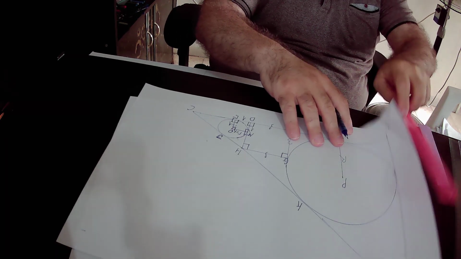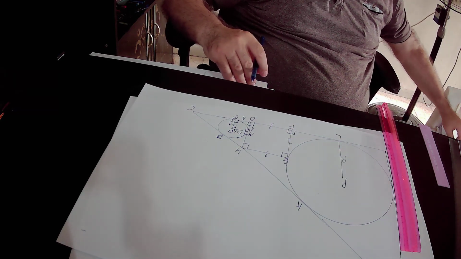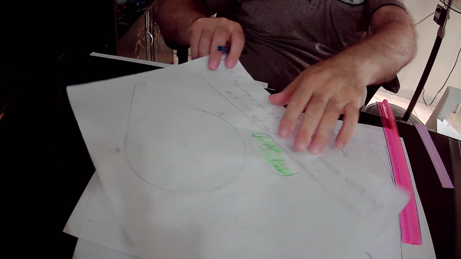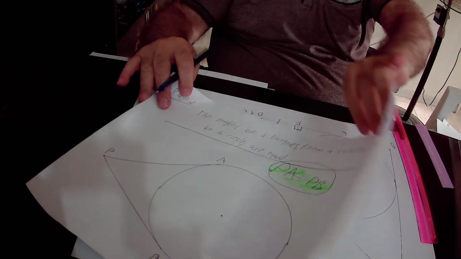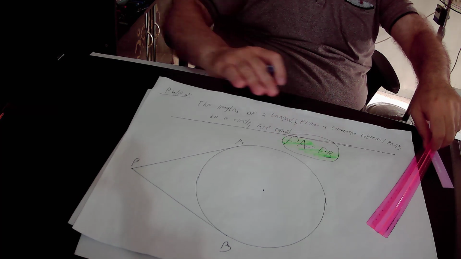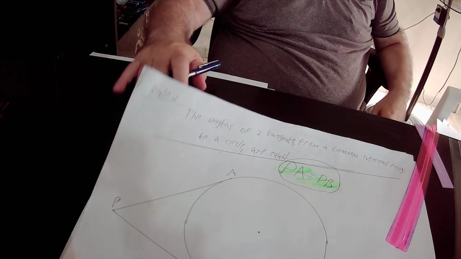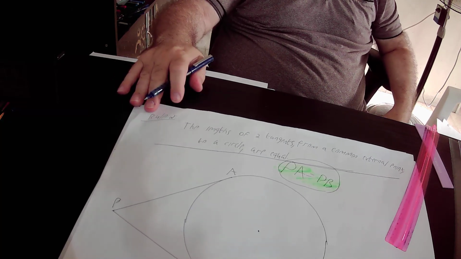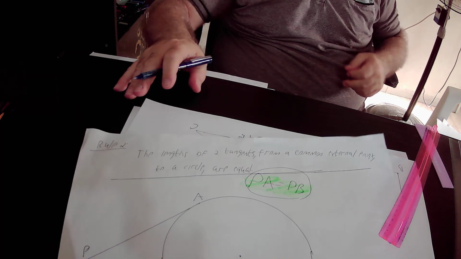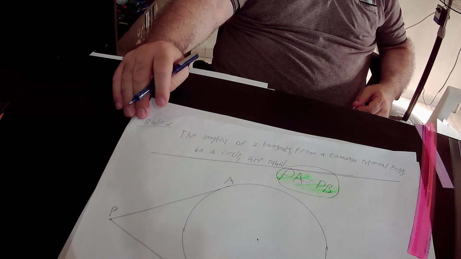According to rule number 2, the lengths of two tangents from a common external point to a circle are equal. Repeat again, rule number 2: the lengths of two tangents from a common external point to a circle are equal.